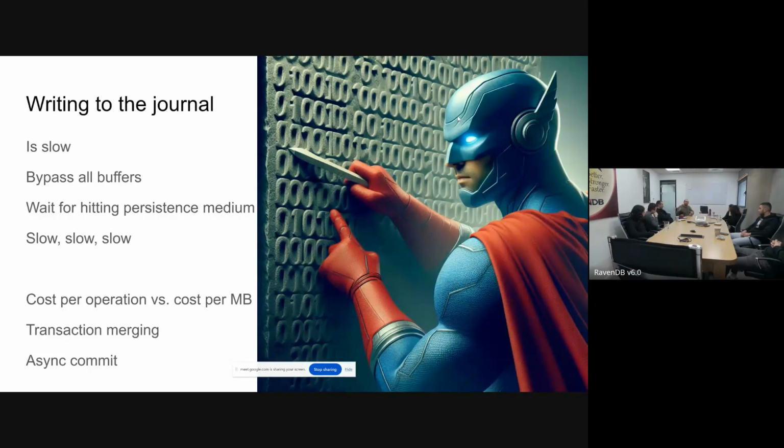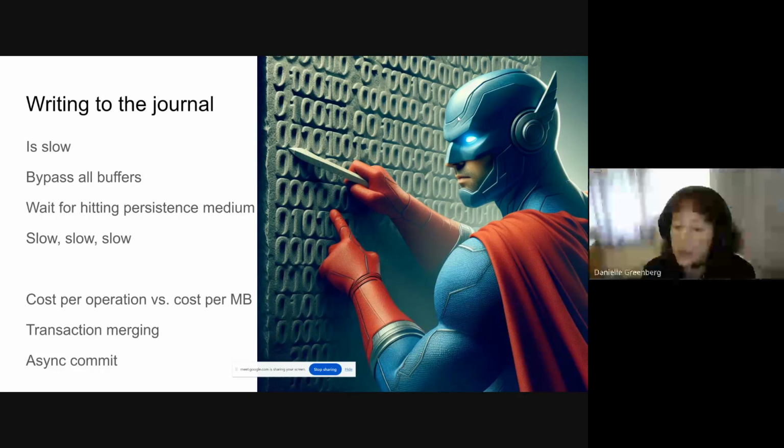We did not acknowledge the transaction completion to the client yet. When would we acknowledge that? When the journal file would say, I successfully completed this write. Make sense? Complete as in writing it persistently.